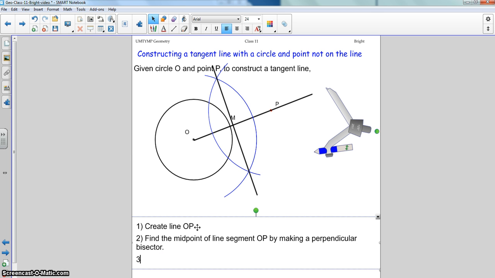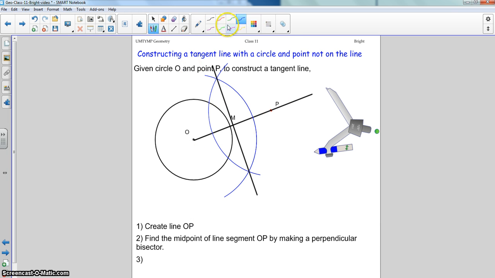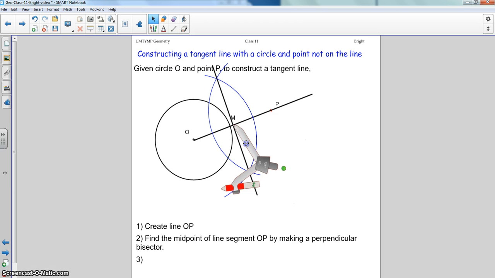Okay. Third, well, we have the midpoint. So now I want to create a circle centered at the midpoint. Okay, and we want the radius to actually be OP. So let me adjust this a little bit here.